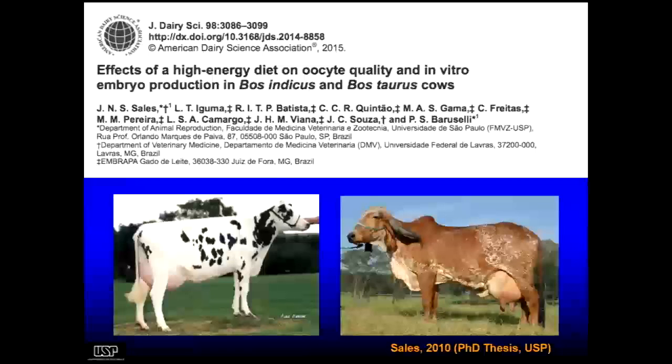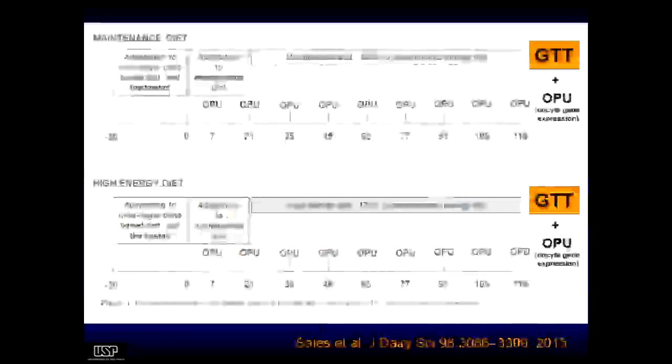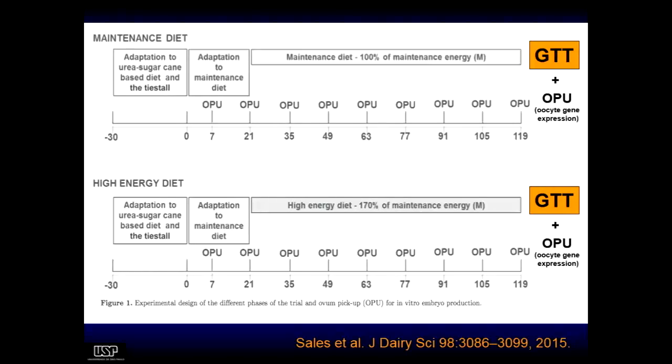This is another experiment that we published in the Journal of Dairy Science from Zenelli, who did a PhD with us, comparing the energy in non-lactating cow and in vitro embryo production. And this is interesting data, because when we increase the energy over time, you will see that we can reduce the embryo production and the quality of the oocyte.